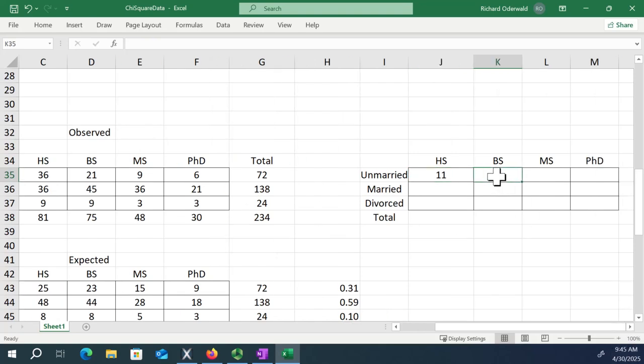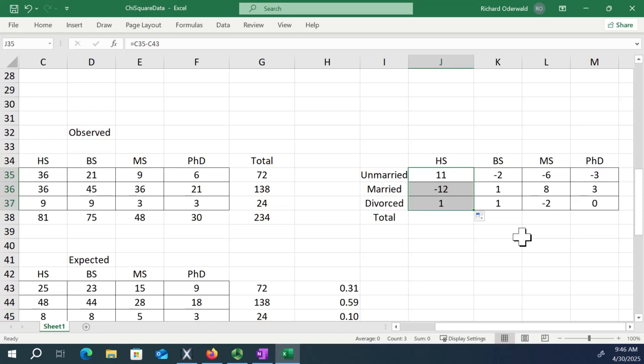Each of these, I'm going to get the observed minus the expected. And for this, you can do this. 6 minus 9 is minus 3. 9 minus 15 is minus 6. Or you can do it by formula. And since it's set up this way, I can just copy the cells or copy the calculations.